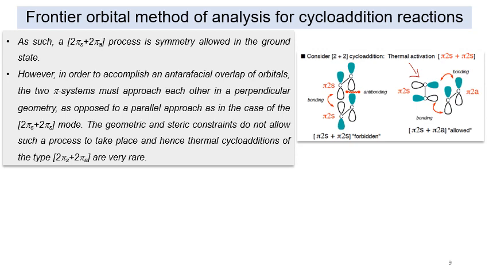That means they are almost orthogonal to each other, as opposed to the parallel approach in the case of the π2s plus π2s mode. So there are geometric and steric constraints which do not allow such a process to take place. So even if it is permitted under thermal conditions, examples of thermal cycloadditions of simple olefins of the type 2πs plus 2πa are very rare.